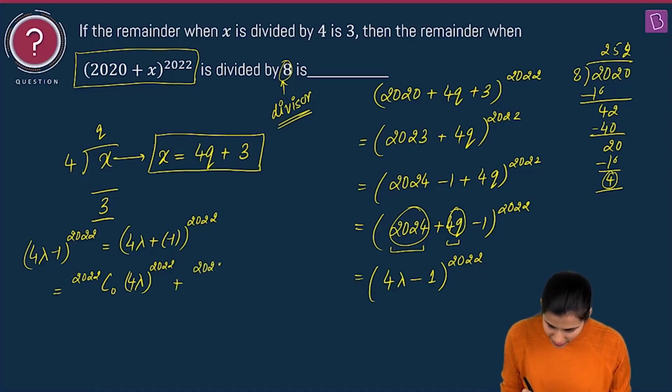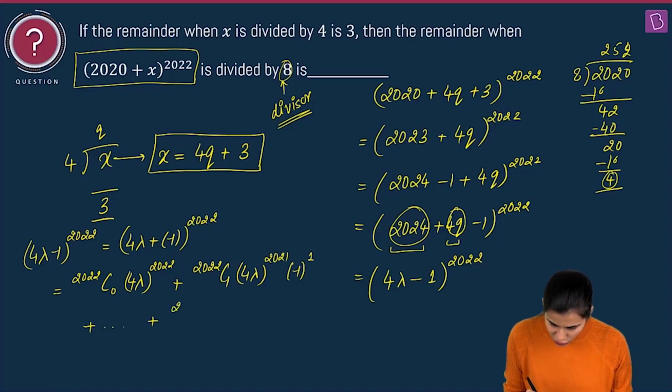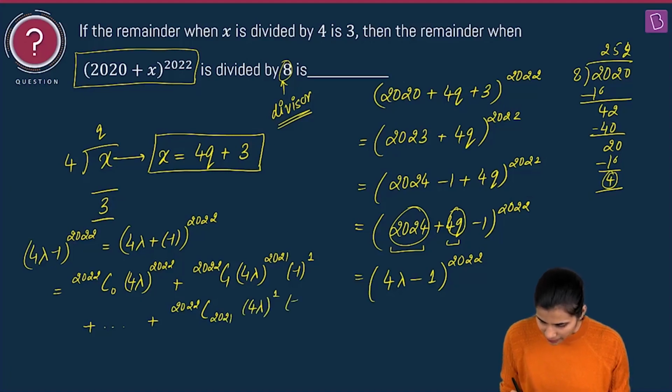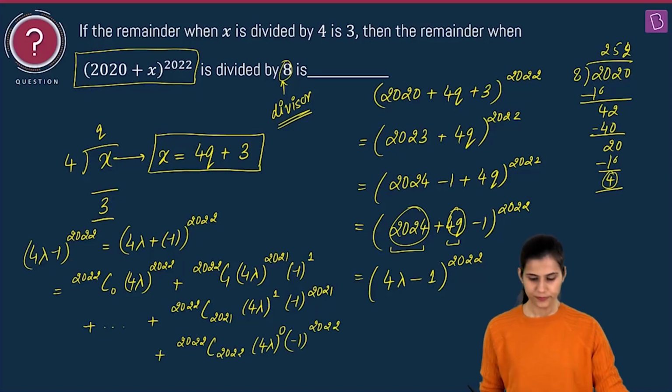Plus nC1, (4 lambda) to the power n minus 1, (minus 1) raised to the power 1. Okay, plus and so on, 2022C2021, (4 lambda) to the power 1, (minus 1) to the power 2021, plus last term will be 2022C2022, (4 lambda) to the power 0, (minus 1) raised to the power 2022.